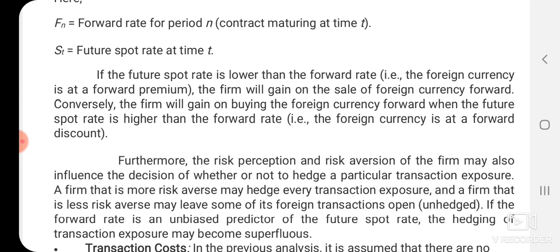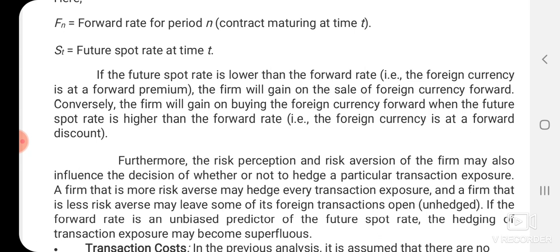If the future spot rate is lower than the forward rate, the foreign currency is at a forward premium, and the firm will gain on the sale of foreign currency forward. That is, if the future spot rate after, say, 3 months is lower than the forward rate.